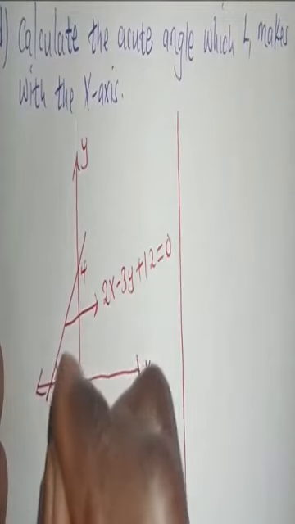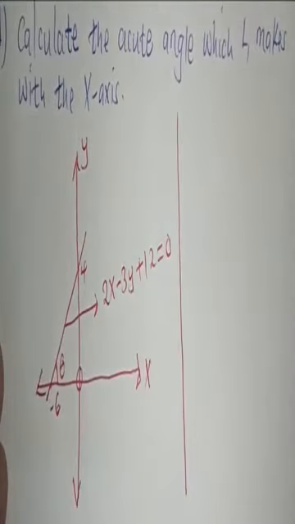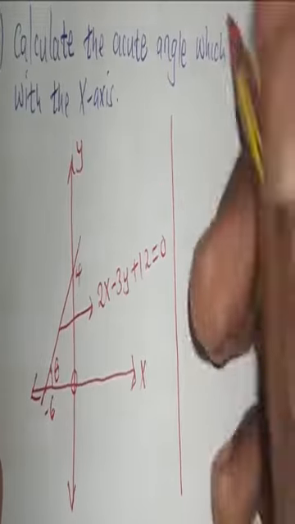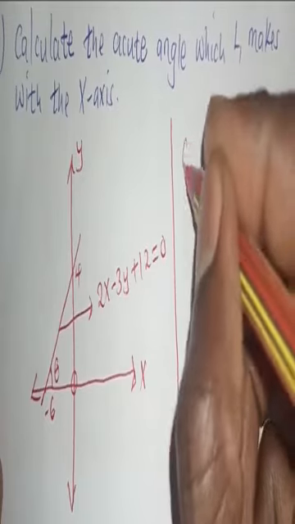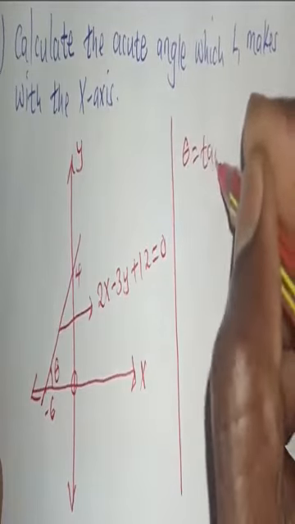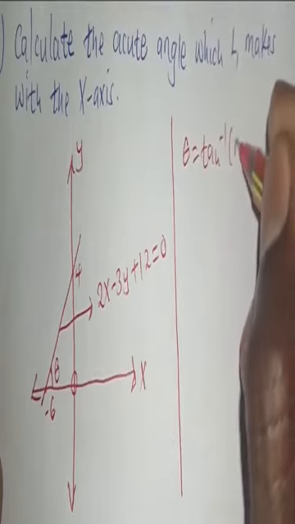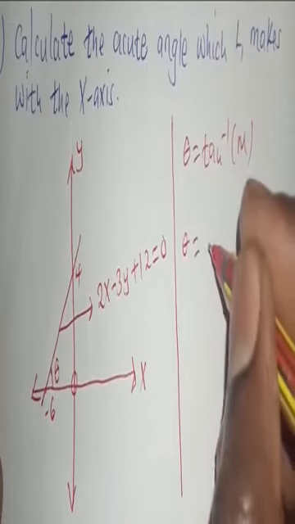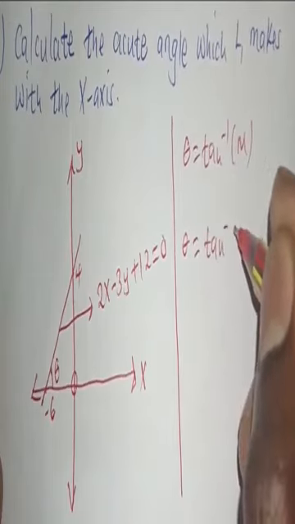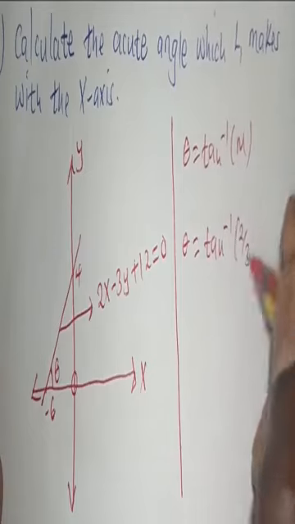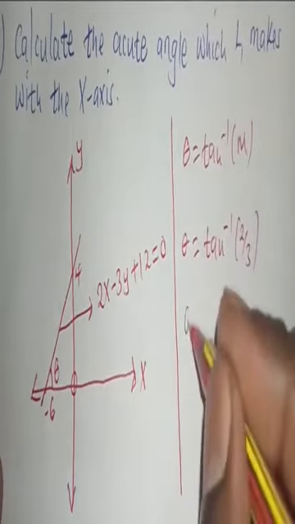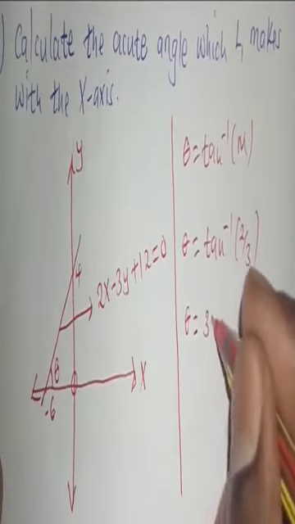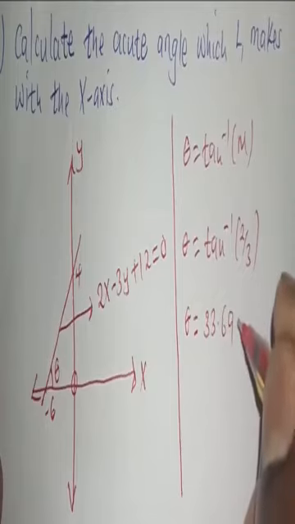So this angle is theta, the angle that the line makes with the x-axis. You know that theta equals tan inverse of the gradient, which is denoted by m. So theta equals tan inverse of 2 over 3, and if we calculate tan inverse of 2 over 3, it will be 33.69 degrees.